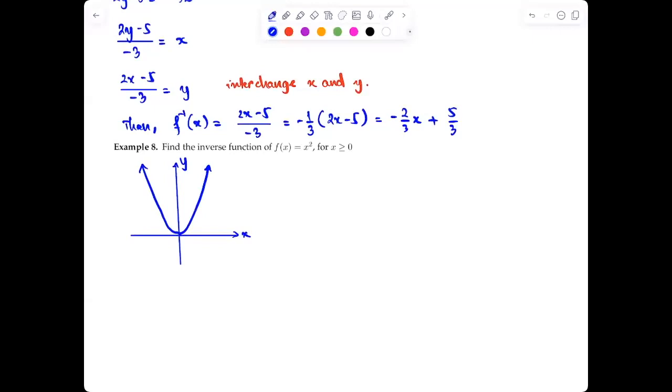So you just need one wing, the non-negative part of x. So the graph should just be this. Now that is a one-to-one function, right? So this is y equal to x squared for x greater than or equal to 0. Therefore, this is a one-to-one function.